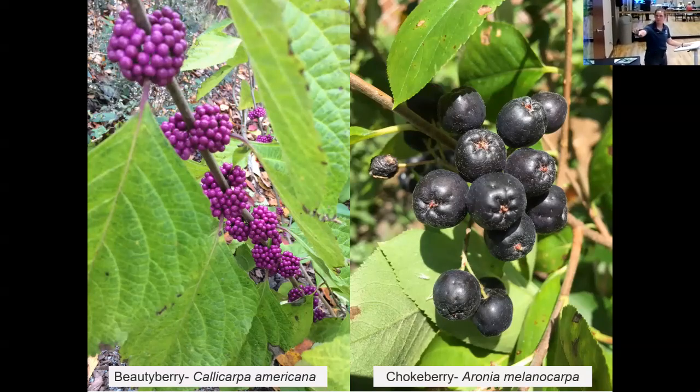Gorgeous plant. Obviously, it's great for the berries, but it also has really beautiful yellow foliage in the fall. And chokeberries are another one of my top plants for landscapes, just because they have a variety of seasonal interests. They produce these berries that are actually edible for us, but very tart, because they actually have higher antioxidant content than both elderberry and blueberries, I believe.